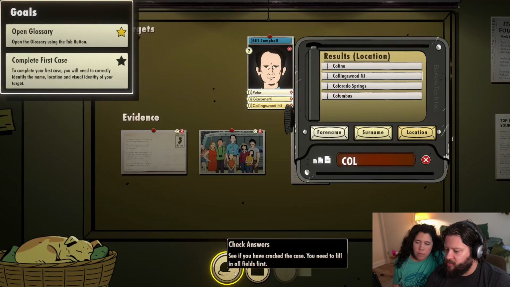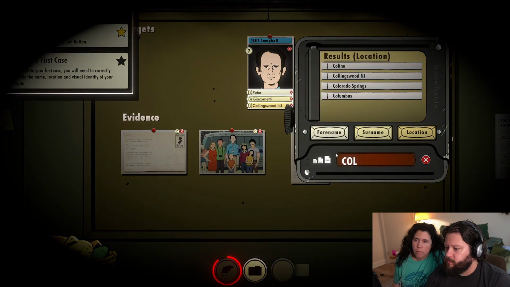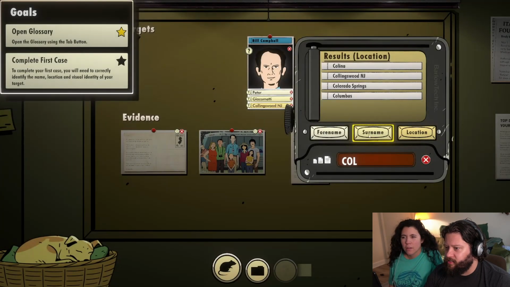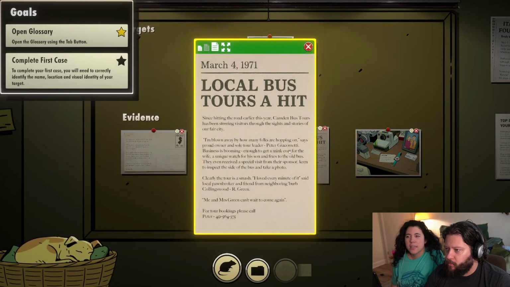Okay, check your answers. There are 2 or fewer errors. Okay, so we have at least... So his actual name's Bill Campbell, but he's going by Peter Gio. Well, we think.